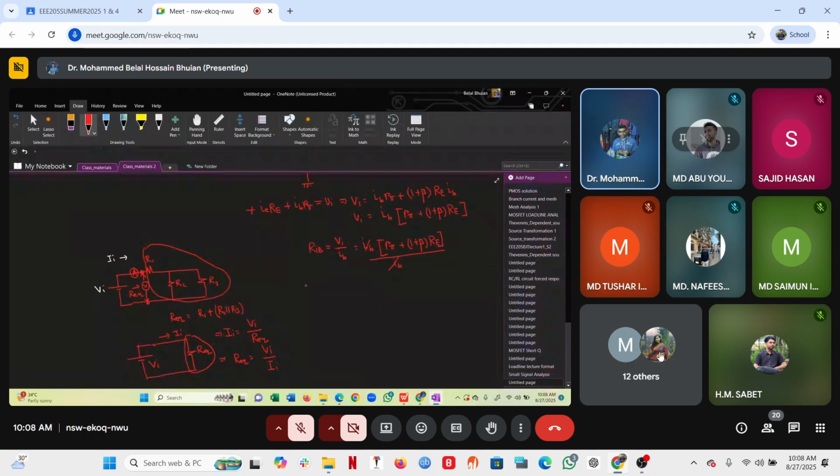IB cancels out. RIB is R pi plus 1 plus beta times RE.